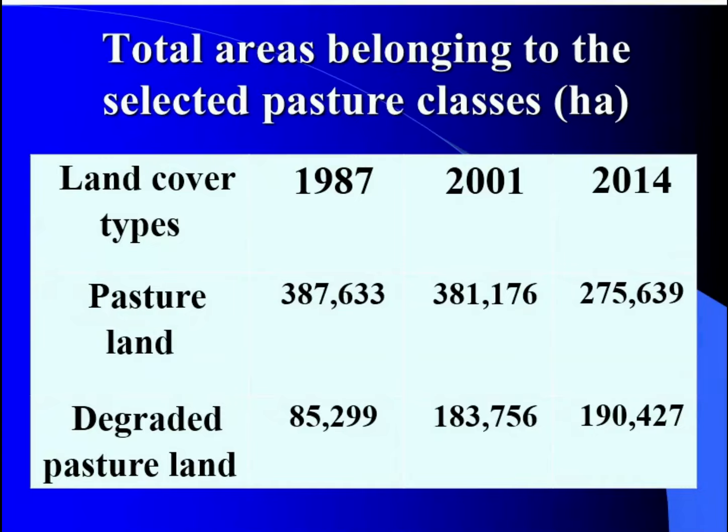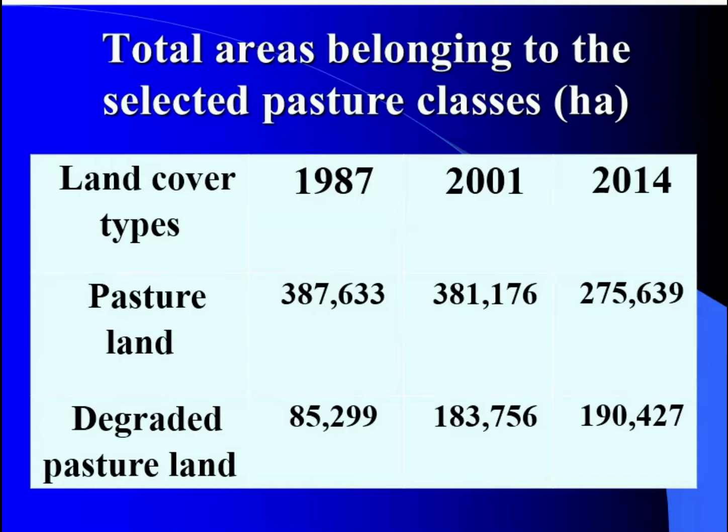Meanwhile, in 2001, the pasture land had been degraded into 381,176 hectares, while degraded pasture land occupied 183,756 hectares.